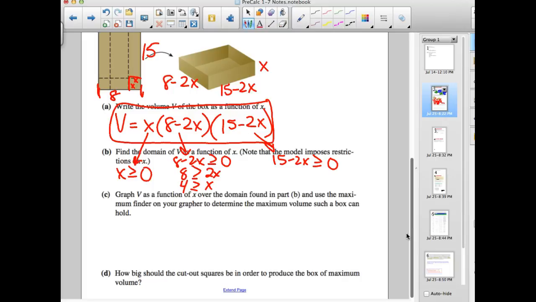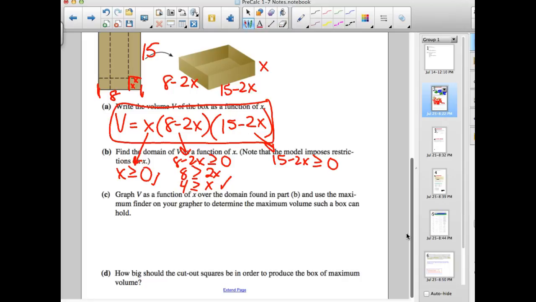What does that tell me about my x value? So far we know that x has to be greater than or equal to 0, but this one says x also has to be, careful, x has to be less than or equal to 4. So they're saying that side that I'm cutting out, that little corner, can be somewhere between 0 and 4 inches.